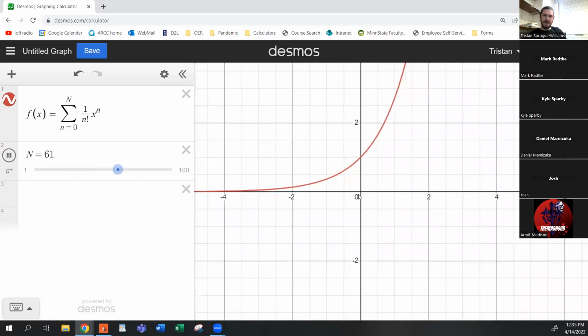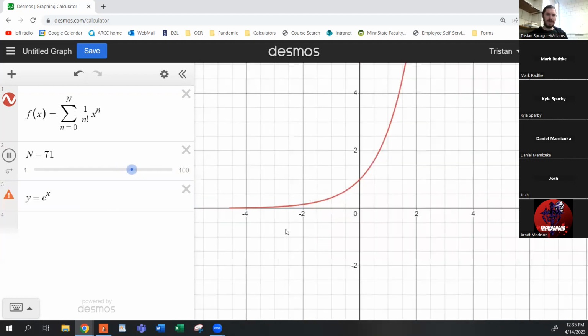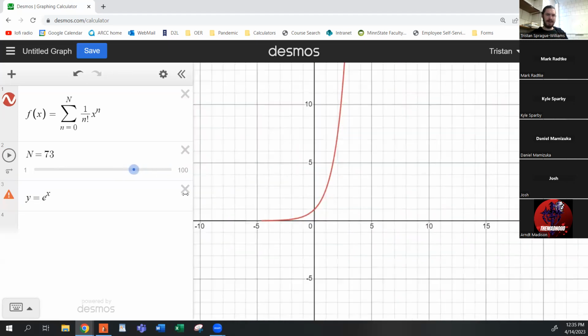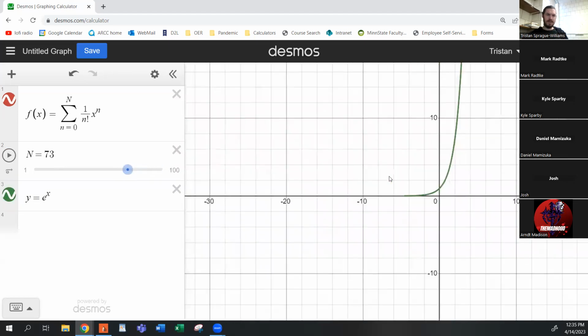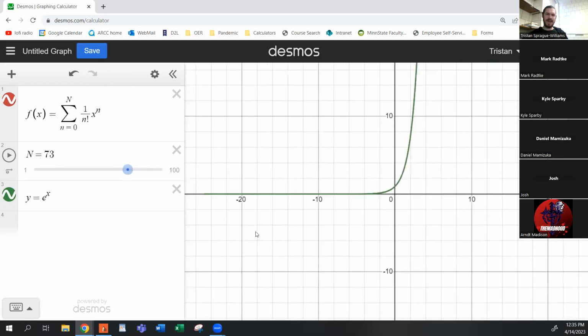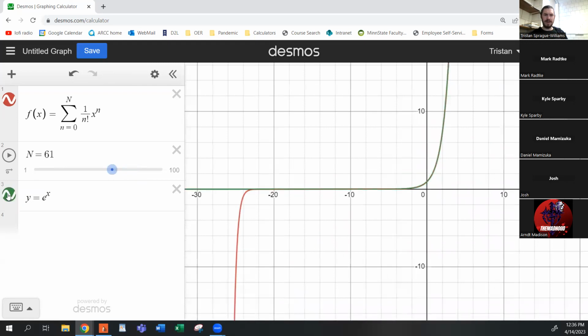And if we zoom in on it now, this basically just looks like e to the x. Graph y equals e to the x, or I might be able to do that. Maybe not while this is animating. Not while it's calculating power series. There we go. There's e to the x in green. That's the actual e to the x. The red one there is technically a polynomial function, but man, it looks a lot like e to the x, right?